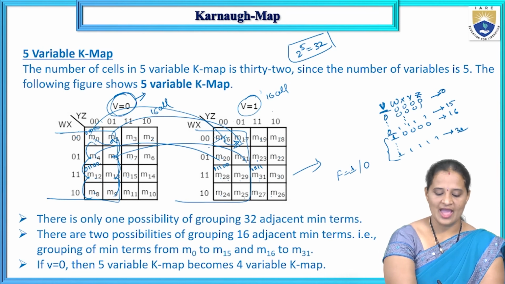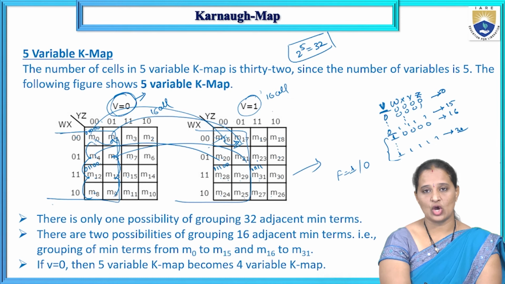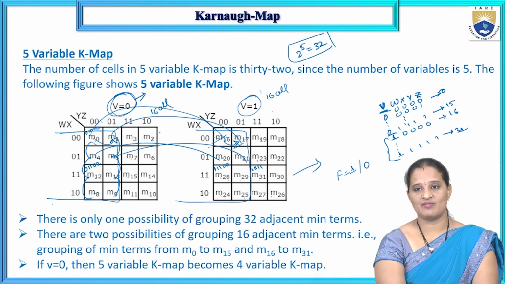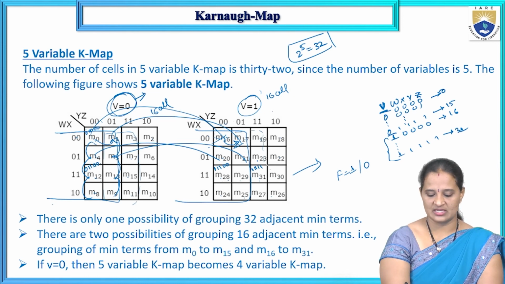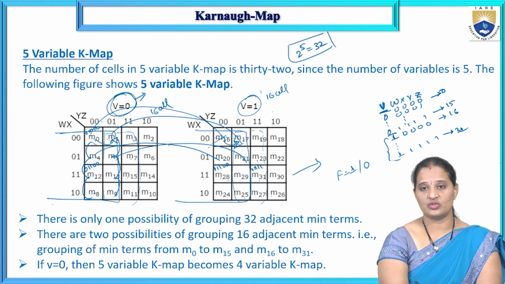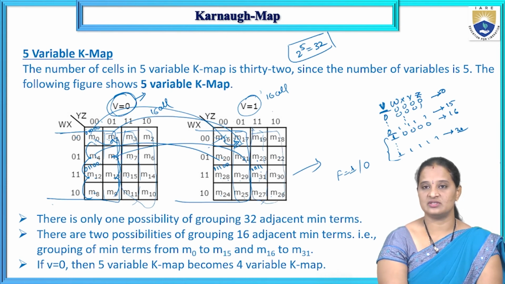So that is why I can form a group of 16 cells with the first 2 columns of the first K-map and second K-map. I can even form a group of 16 cells with the 2nd and 3rd columns of both the K-maps here. Similarly, I can form a group of 16 cells with this.